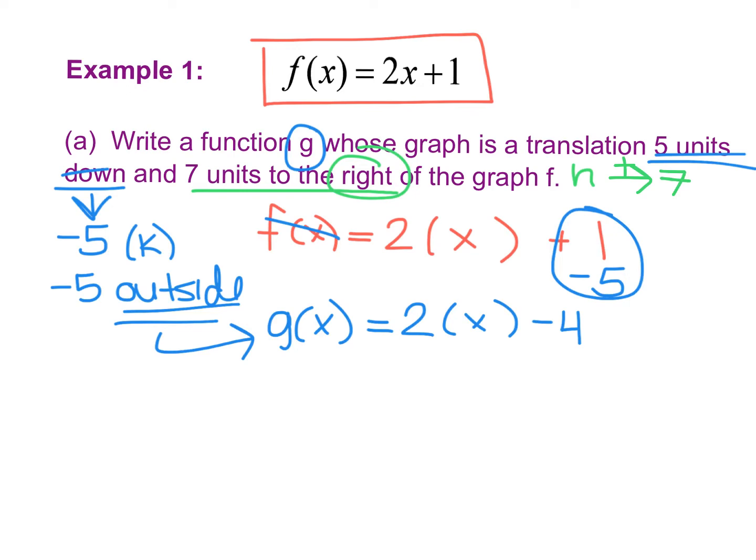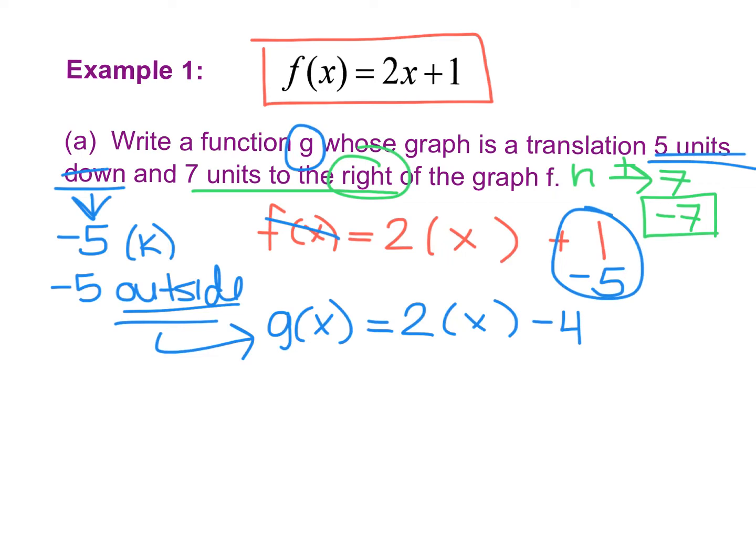However, I also know that when h is in my equation, it's going to be the opposite of that. So if I'm moving in the positive direction 7, the number that's going to go into my equation is a negative 7 because I need it to be the opposite of what I expect. So now I'm ready to add this into my equation, and this can get a little tricky because x is inside parentheses, and we have to very carefully add this in to the equation.